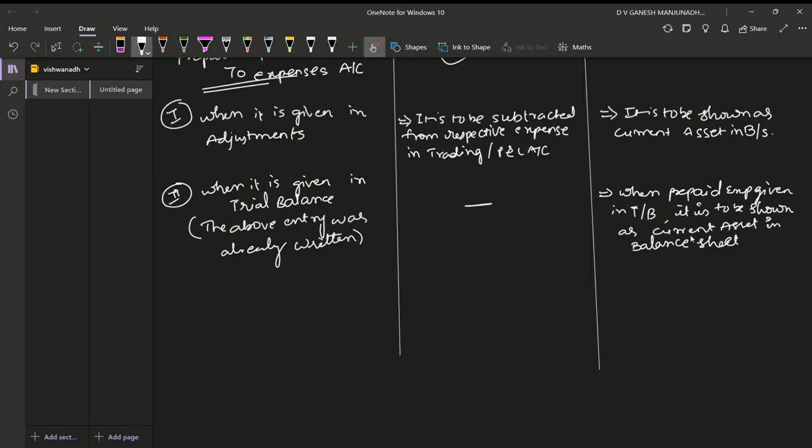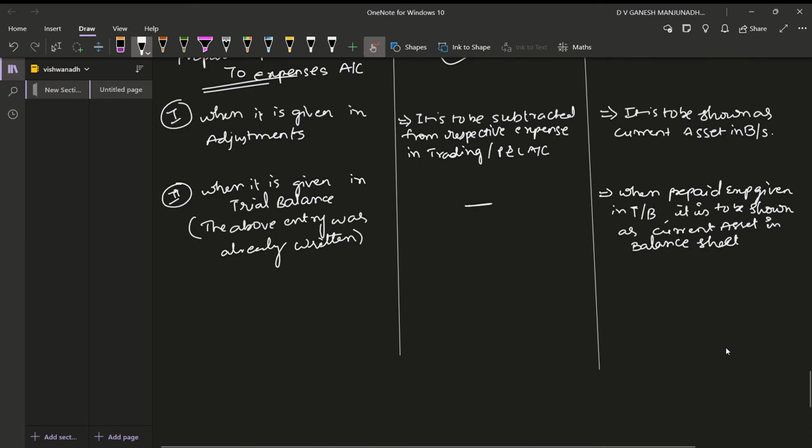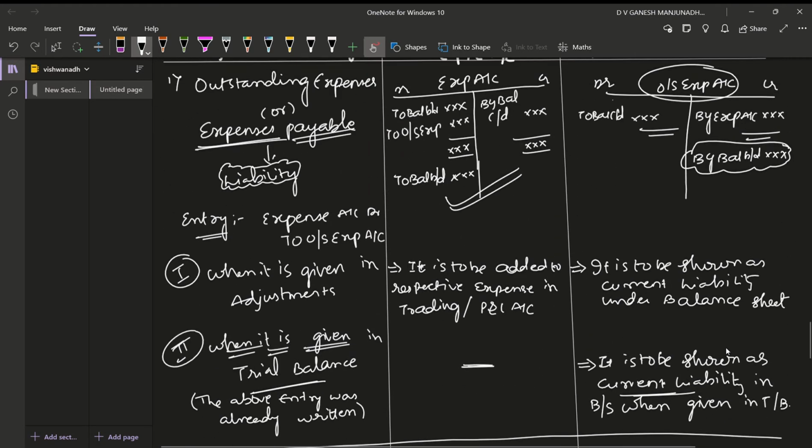My dear brother, you are thinking, sir, you are saying that it will be appearing in trial balance, but where will the prepaid expenditure or outstanding expenditure appear in trial balance? As outstanding is a liability, it will have a credit balance, so this will be on the credit side.